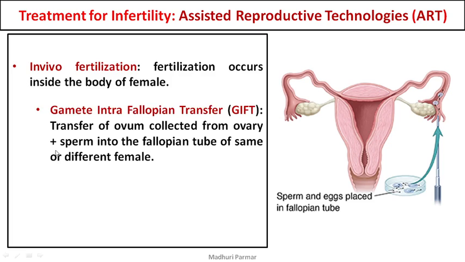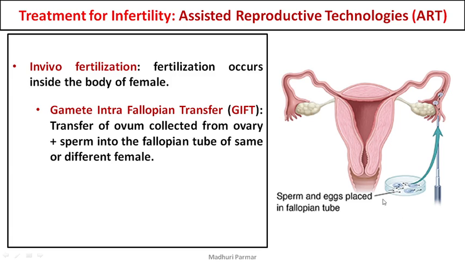So in this, the first type is gamete intrafallopian transfer, which is very conveniently named as GIFT. What happens here is intrafallopian, within the fallopian tube, there is transfer of gametes. Which are the gametes? You have gametes like ovum and sperm, right? So ovum are collected from the ovary and then they are taken out.